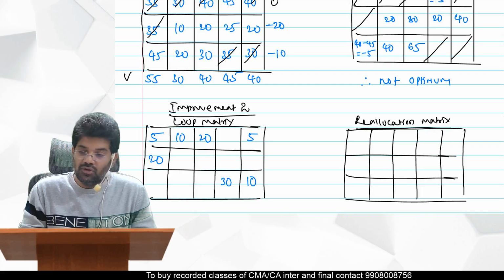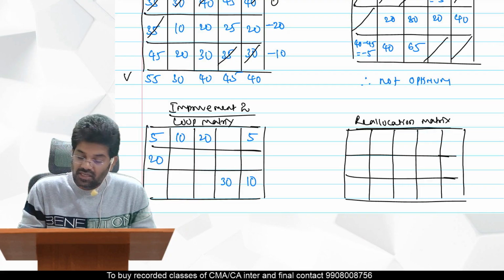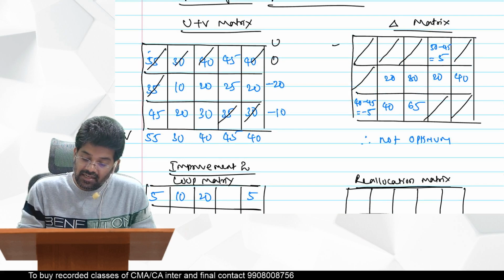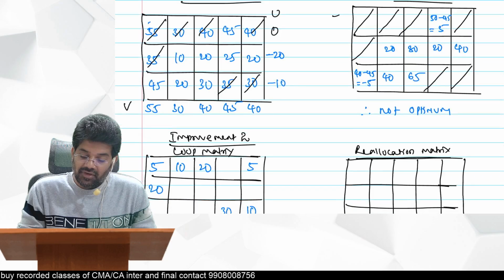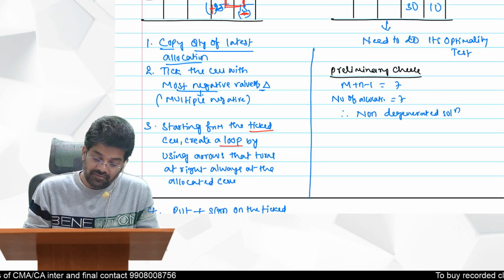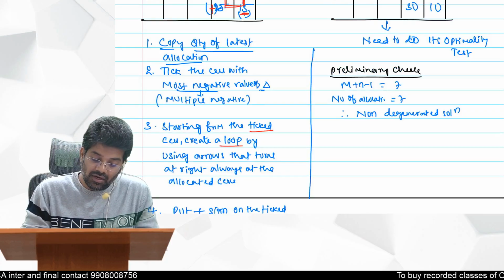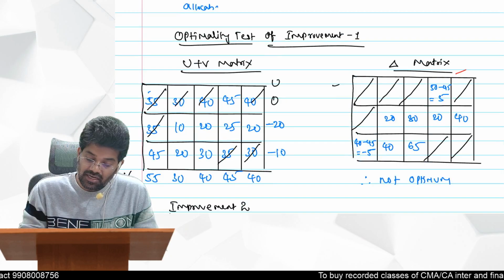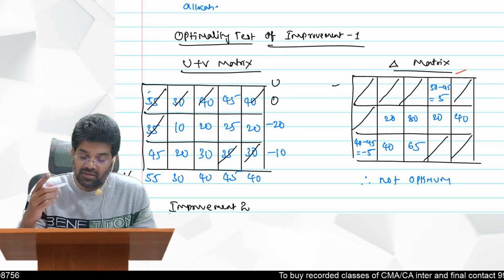First, what we should do in the loop matrix, first we should take the allocated quantities. Then wherever we got this negative figure, there you should tick. That is what I told you. What is the step I wrote? Copy the quantity of the latest allocation. What is the latest allocation? This is the latest allocation. According to this latest allocation only we should take. Don't take the previous one.